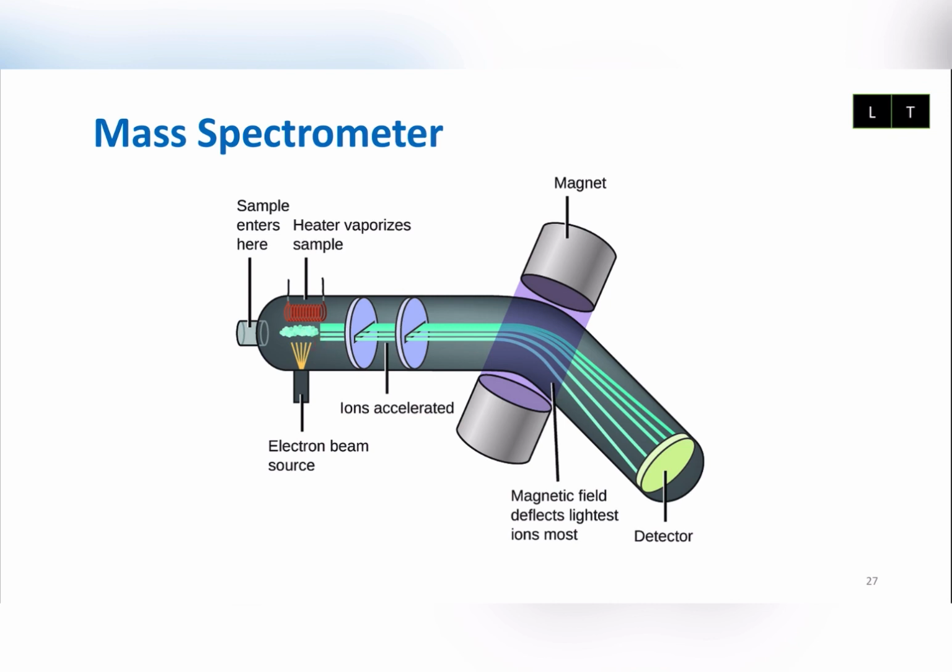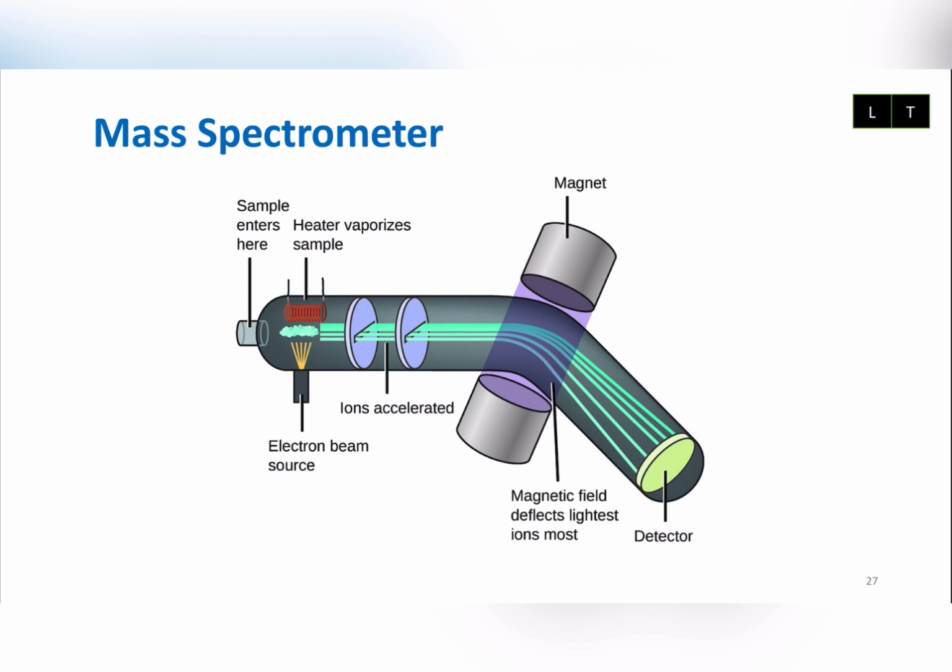Once they have a charge, they can be accelerated through these electric plates. Now you have these ions, in this case magnesium, moving quite rapidly through this chamber until they enter a very strong magnetic field that can bend the path and deflect ions with charge.